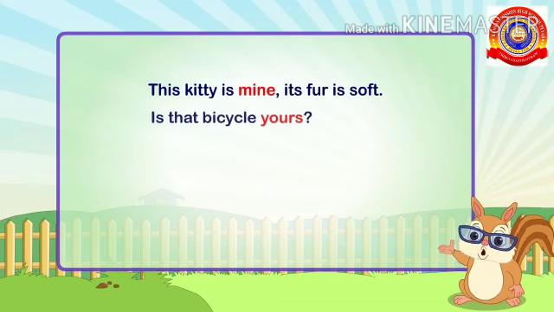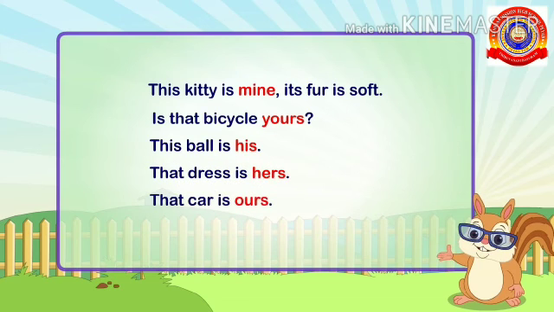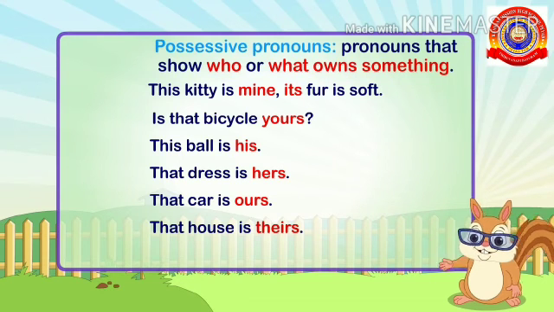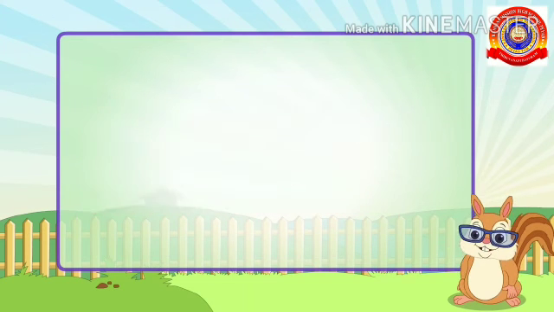The words mine, yours, his, hers, ours, theirs, and its are pronouns that show who or what owns something. These pronouns are called possessive pronouns. They can be used in place of possessive nouns or a possessive adjective plus noun phrase.